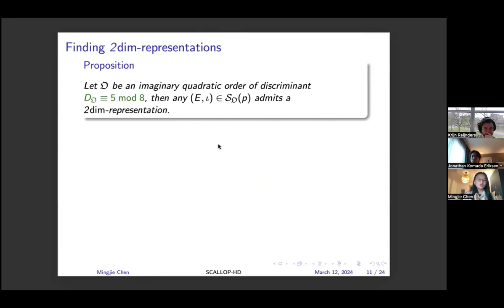That's the definition. So the next question is, can we actually find such representations for quadratic orders? Let O be an imaginary quadratic order of discriminant D congruent to 5 mod 8, then any (E, iota) in SS_O^pr admits a two-dim representation.